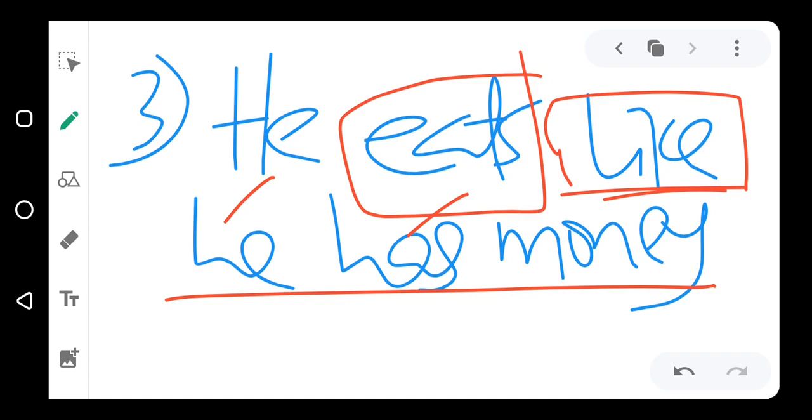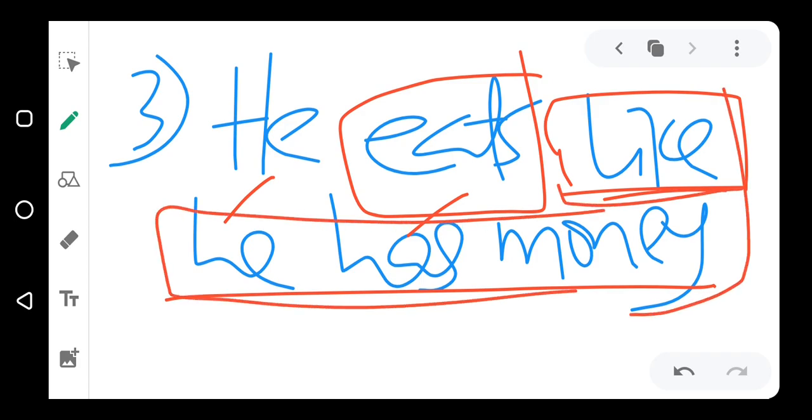If this clause answers the question, it means that it is an adverbial clause of manner. So how does he eat? He eats like he has money. So it answers the question correctly. So we conclude that this is an adverbial clause of manner because it answers the question how.